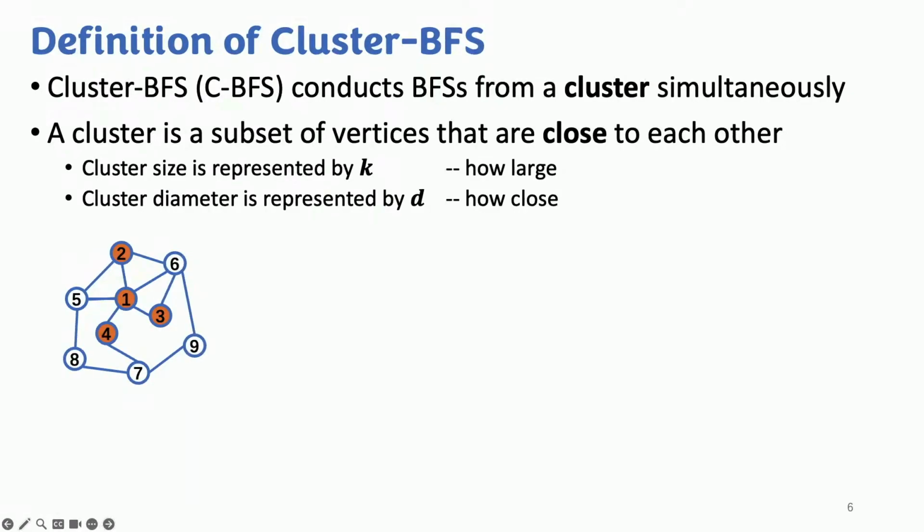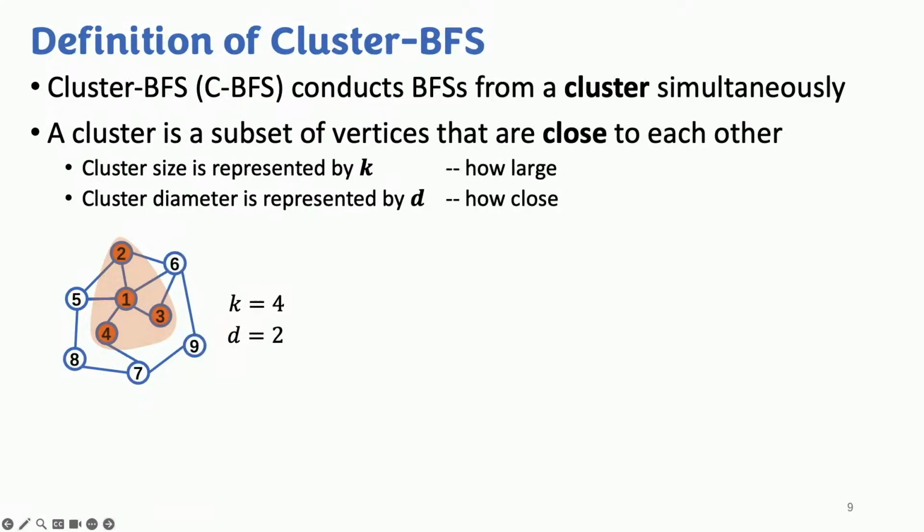We use the parameter k to represent the size of the cluster, describing how large it is, and the parameter d to represent the diameter of the cluster, describing how close they are to each other. In this example, we choose 1, 2, 3, and 4 as a cluster. In this case, k is equal to 4, obviously, and d is equal to 2, because the distance between any pair of vertices in the cluster is no more than 2.